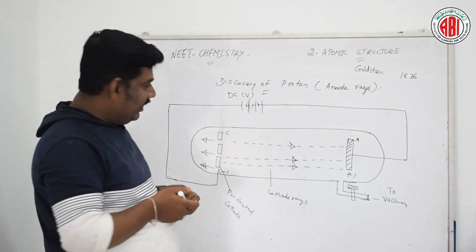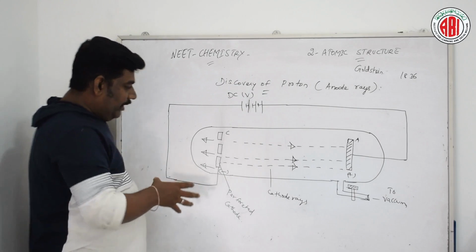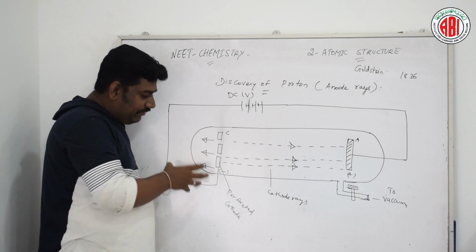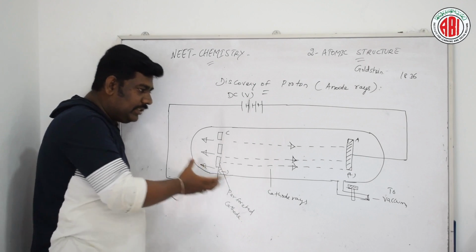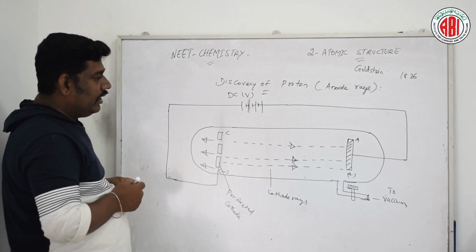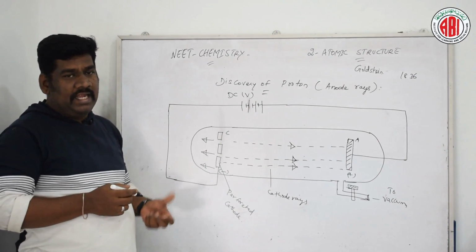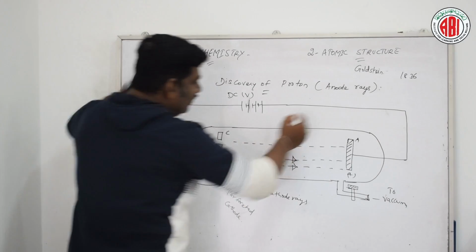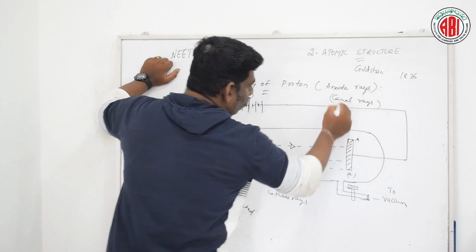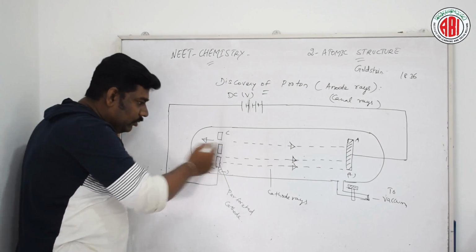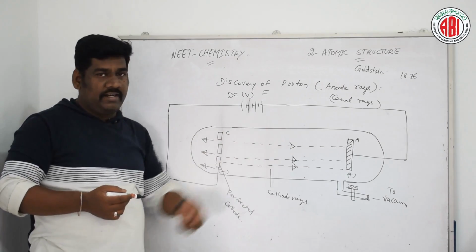So in this experiment he concluded that these rays, going in the opposite direction to the cathode rays, are called anode rays. They are also called canal rays, because they pass through the perforated cathode.